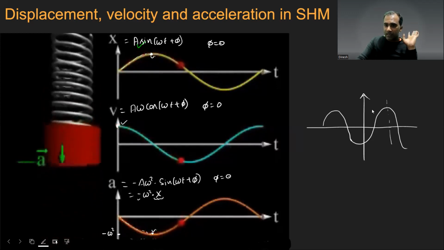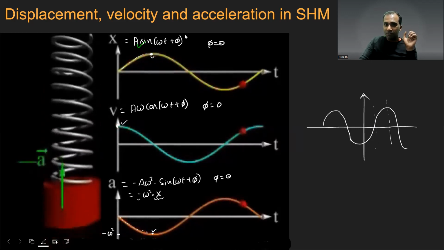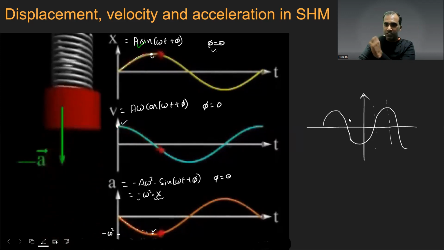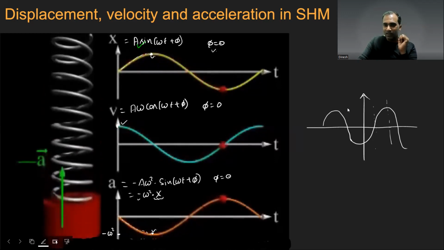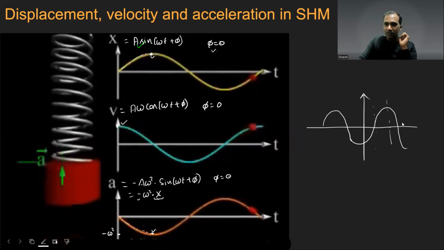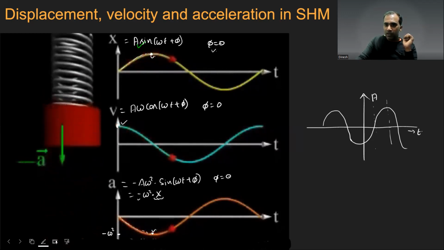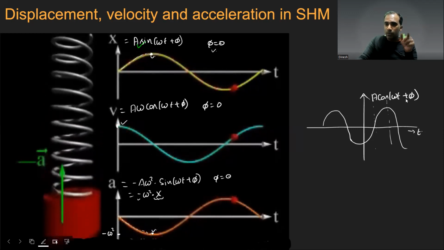If you take it here, you can write it as a sin omega t plus 0. If you take some other values of phi, then this vertical line position will change. The vertical line represents the 0 position, time 0, the starting time at which you are observing. This is how a cos(omega t plus phi) or a sin(omega t plus phi) looks.